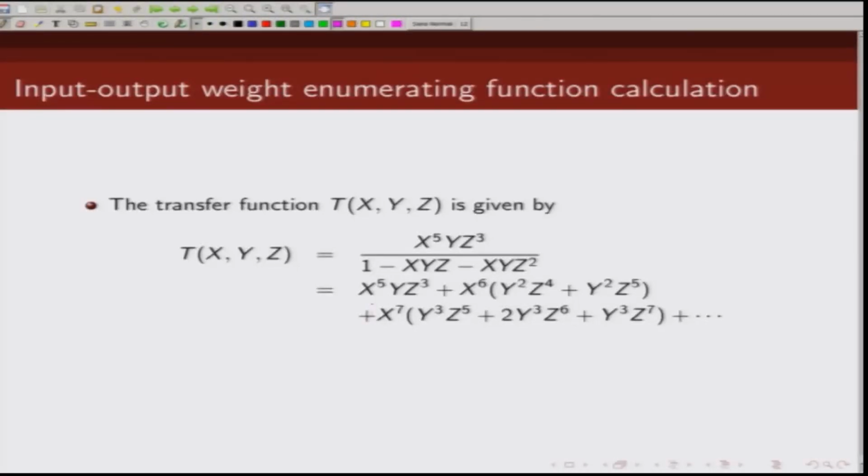The weight enumerating function said we had one code word of weight 5. Now, it says that code word of weight 5 was caused by message information bit weight 1, and the length of the digression from the all 0 state before it merged with the all 0 state was 3.